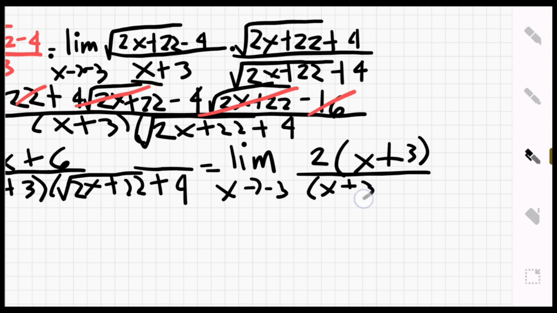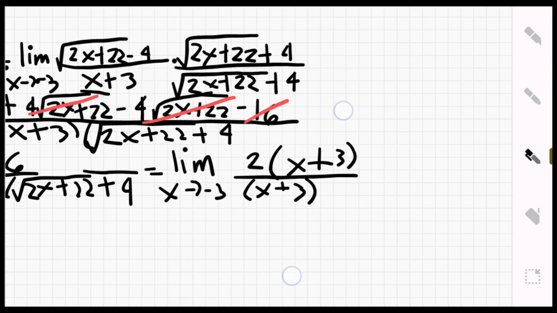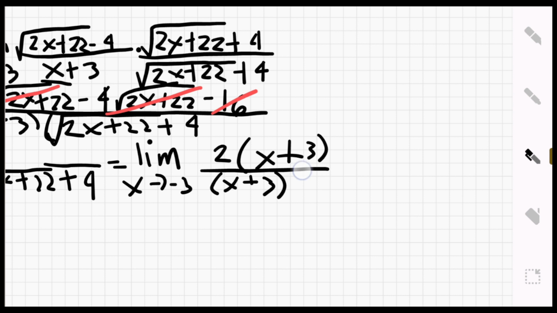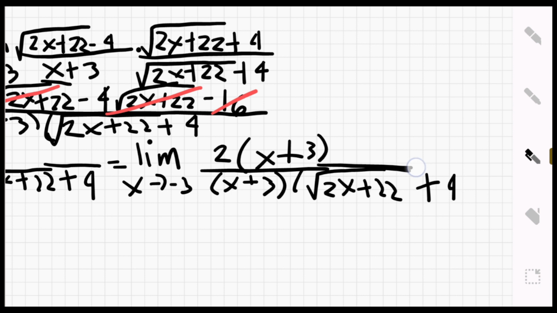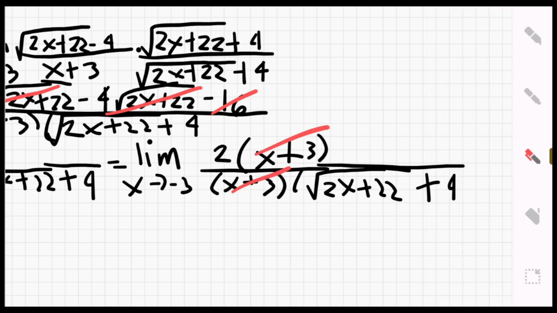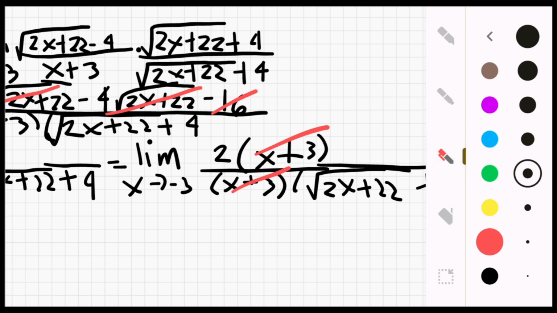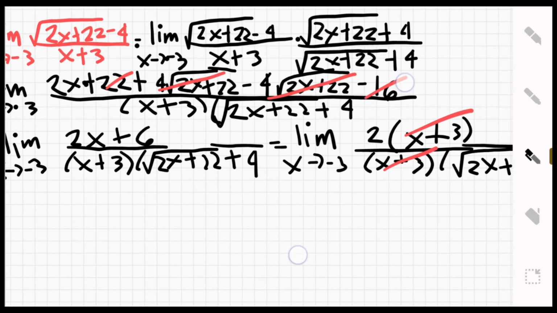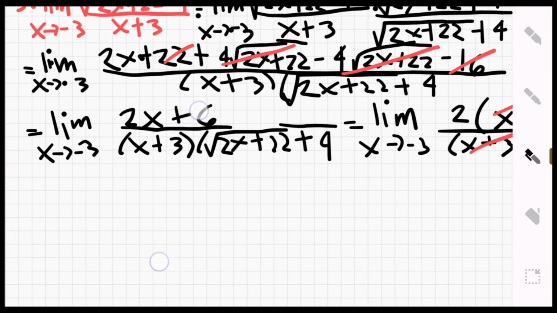If we multiply 2 times x plus 3, the result would be 2x plus 6. So from the denominator, we have x plus 3 times the quantity of square root of 2x plus 22 plus 4. Then we'll cancel out x plus 3, both from the numerator and the denominator.